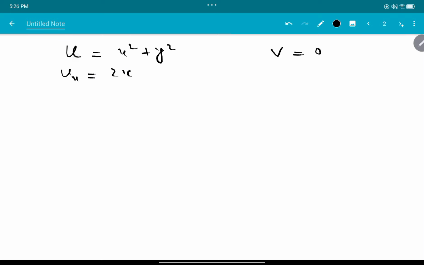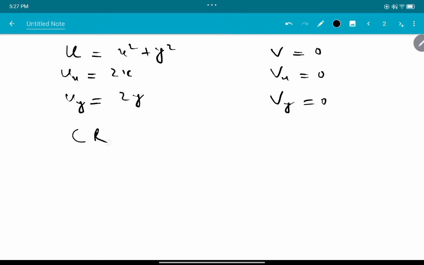While we differentiate with respect to x, we have to treat the other variable as constant. Similarly for uy, we treat x as constant, so we will get 2y. What about vx? That will be 0. vy again 0.